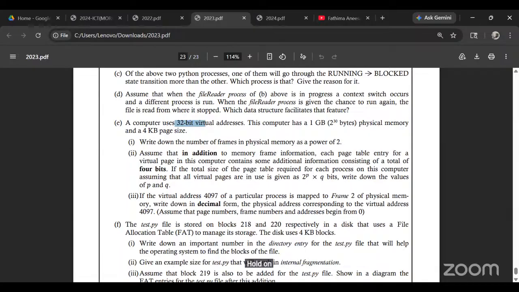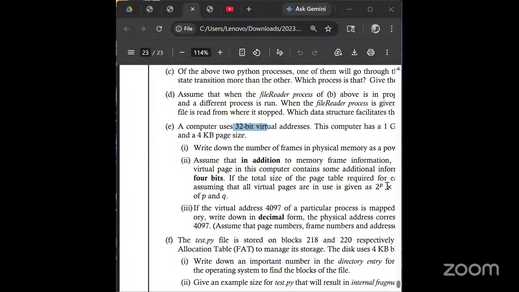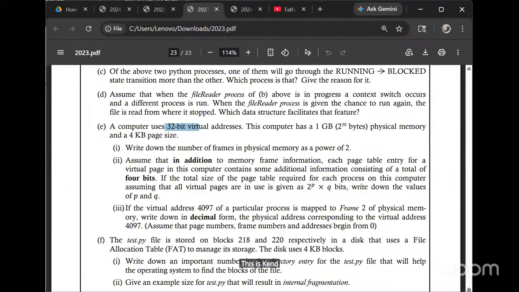Hold on, I'll take that PDF. Hold on, this is getting stuck. So how do you find the number of pages? We did the question earlier.